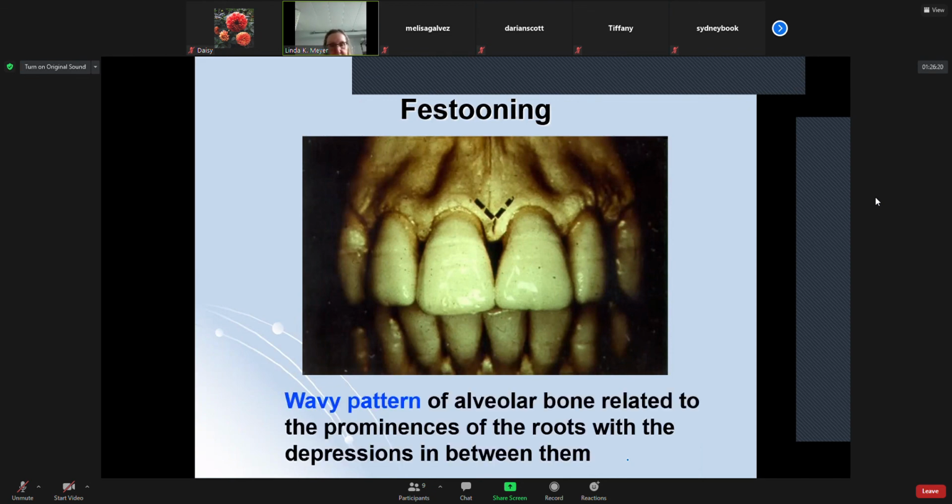And what you notice right here, you can see the root prominences sticking out here, alternating with depressions. So it's a wavy pattern of the alveolar bone that's related to prominences of the root showing through with depressions in between them. So this wavy pattern is referred to as festooning.